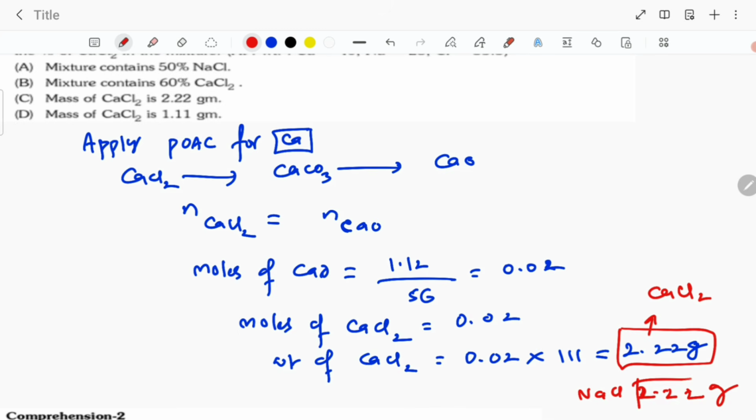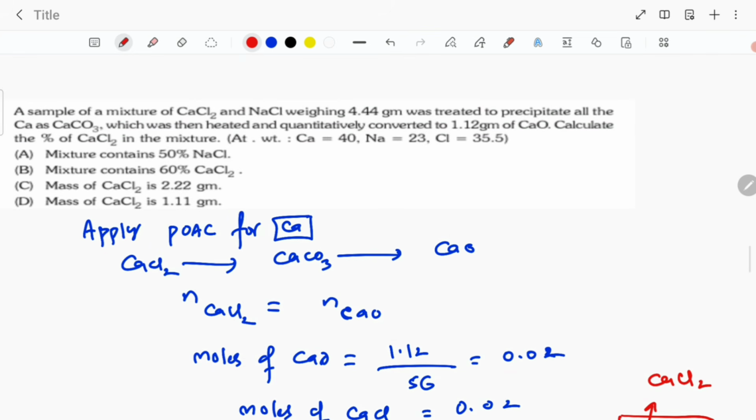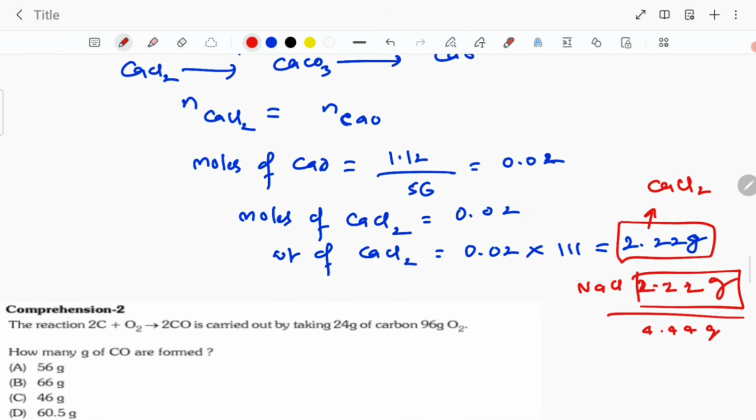So both are 50%. Why? Both together are 4.44 grams, as they mentioned. So automatically 50% NaCl is present in the mixture, followed by the mass of CaCl2 being 2.22. These two are the correct options for this.